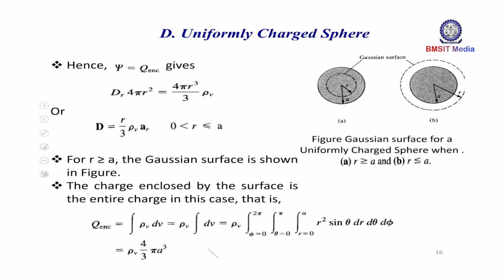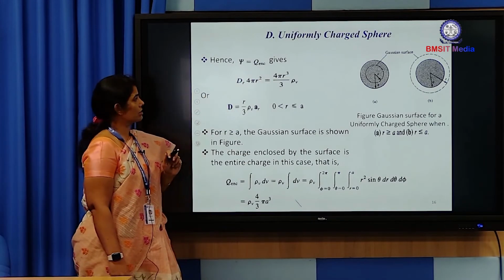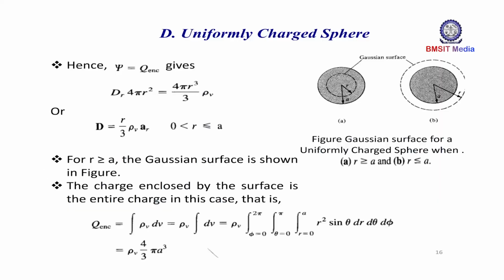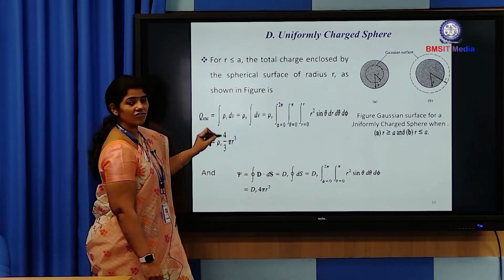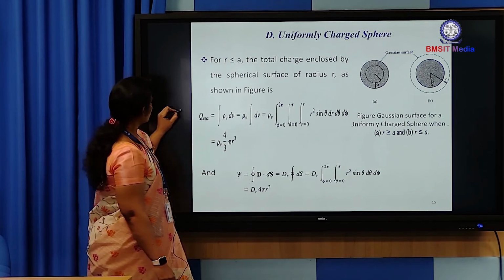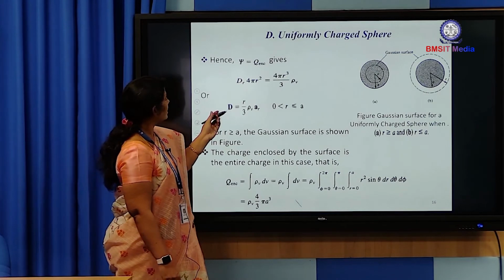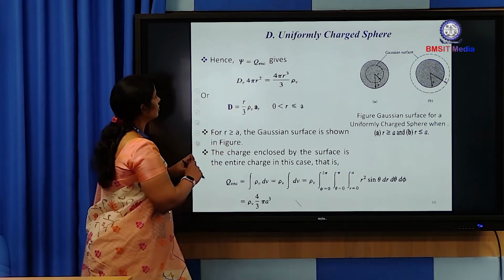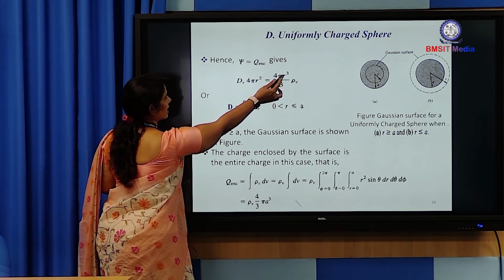So, hence psi is equal to Q enclosed. Now, equate the psi value, D_r 4 pi r square, and Q enclosed, which is rho_v times 4 by 3 pi r cube. So, now equate these two. You will have D is equal to, here 4 pi gets cancelled, r square only one r will be there.